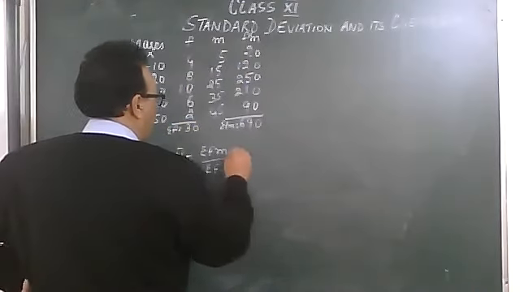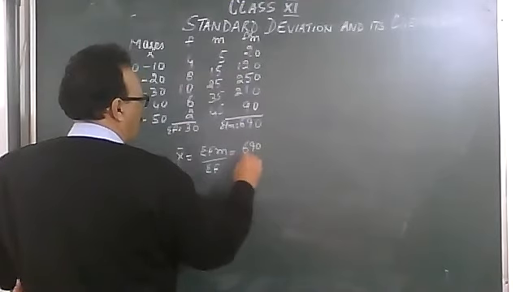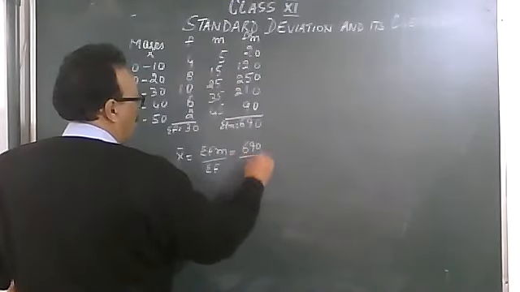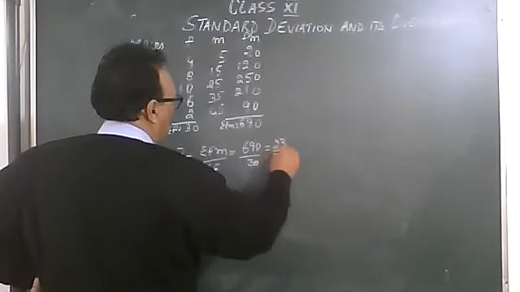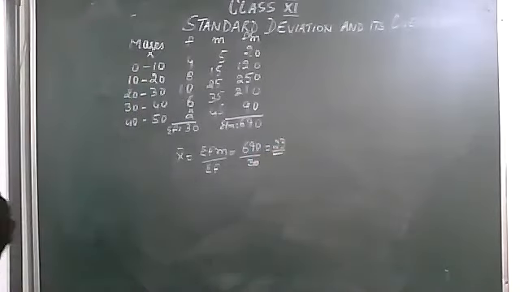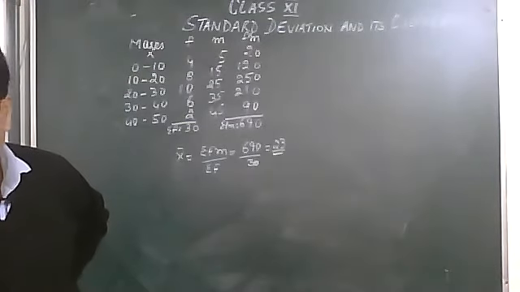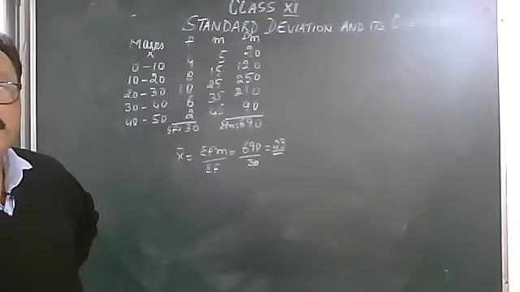So that is equal to 690 upon 30. That is 23. Your mean is 23. Right, children? Now, what is the next step?